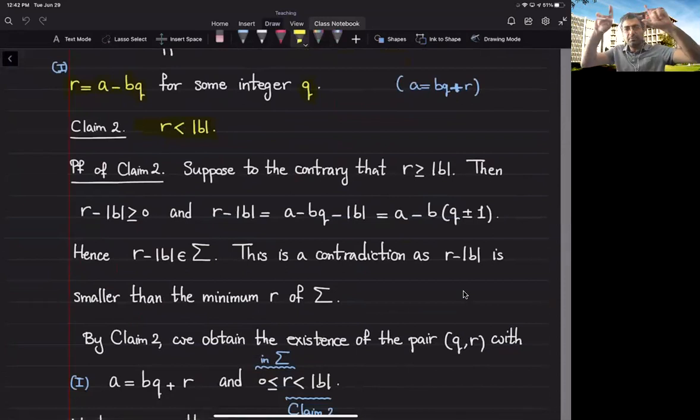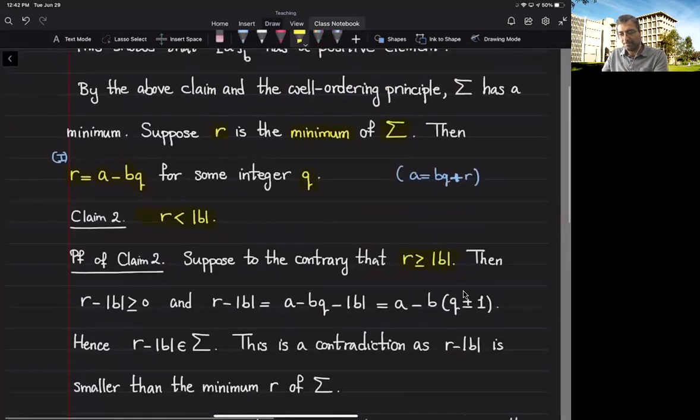Now, in the pictorial picture, what does that mean? This means if it was not like this, then I should have been able to cut another b. I should have been able to cut another square out of this rectangle. That's exactly what we are going to do. We are going to assume that r is at least absolute value of b and say that then it could not have been the minimum inside sigma.